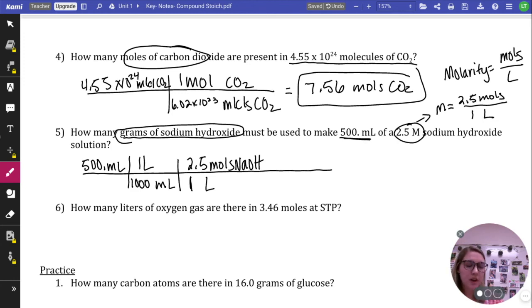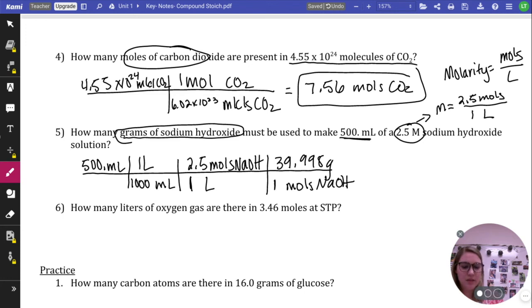But moles is still not what I want. I want grams. So one more time, I'm going to drop it low. And then for every 1 mole of NaOH, I know that it weighs 39.998 grams. So using my molar mass there.